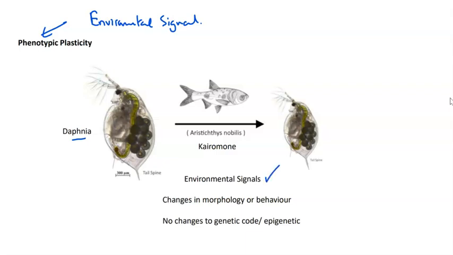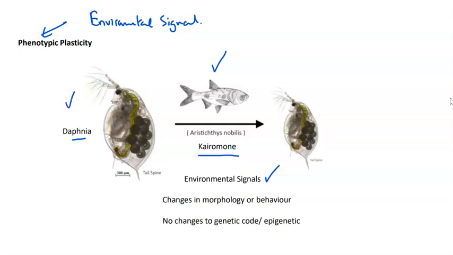And that signal comes from the presence of predatory fish, such as this big-headed carp, and the signal is a chemical present in the water. With fish, where the predatory fish give off these chemical signals, these are known as kairomones.